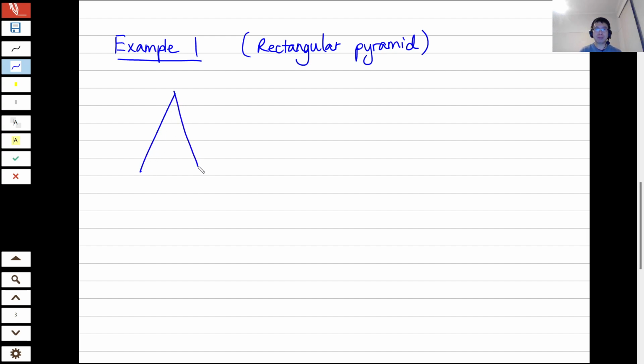So I'll need to draw one. And let's imagine the dimensions of the rectangle are 10 meters by 8 meters. And the vertical height is given by 12 meters.